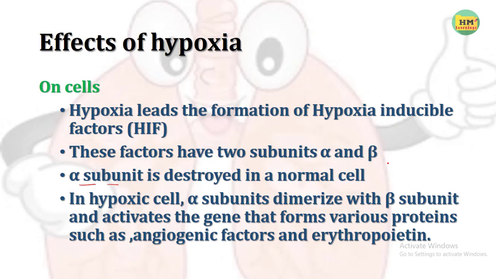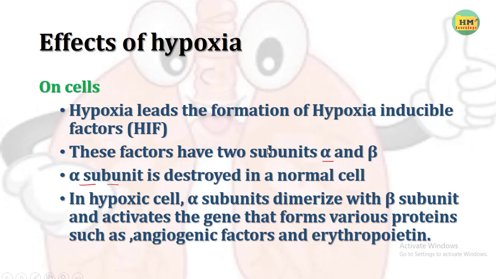But when there is hypoxia, the two subunits of this factor will dimerize and then they activate the genes which cause the formation of various proteins, such as angiogenic factors and erythropoietin. So these proteins actually help the cell to overcome and survive the conditions of hypoxia.